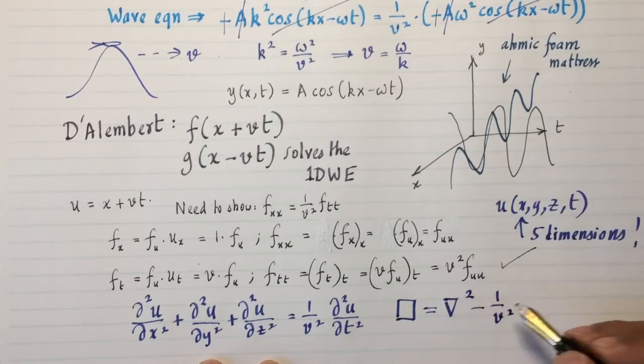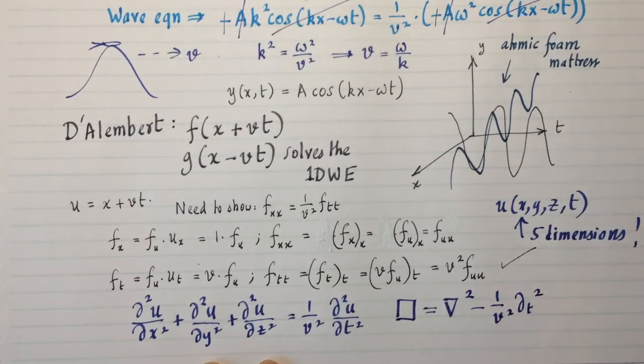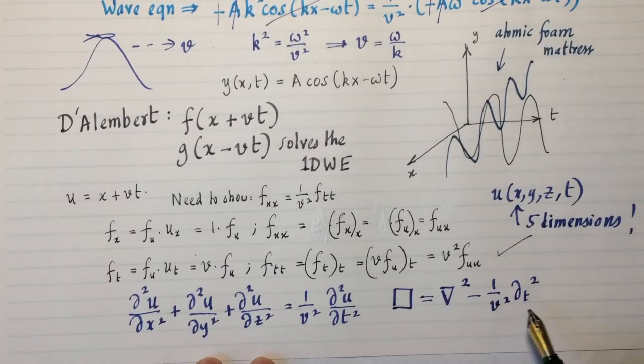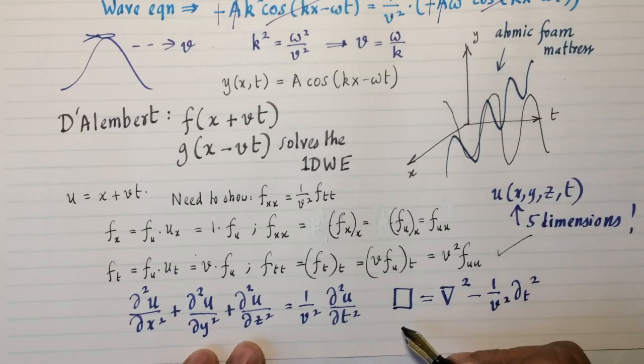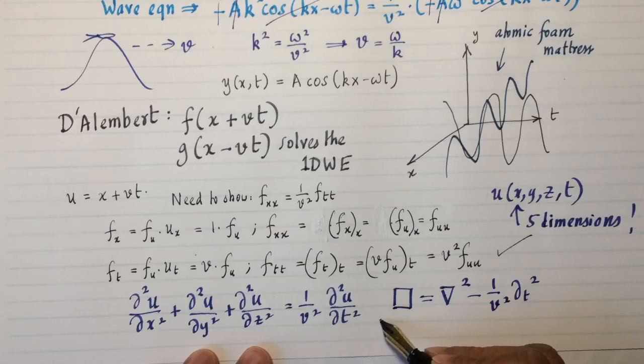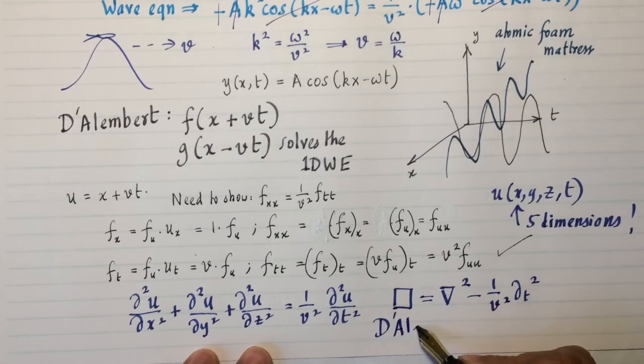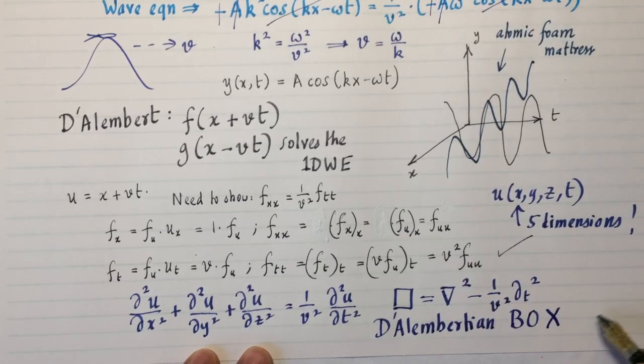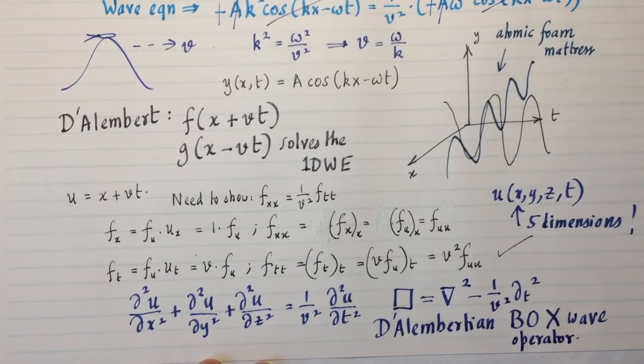The Laplacian itself is that, minus 1 over v squared del t squared. The Laplacian minus the scaled second derivative of time is called the D'Alembertian wave operator, sometimes called the D'Alembert box wave operator.